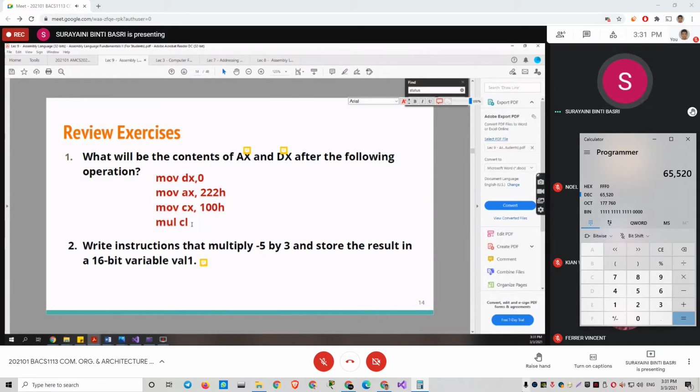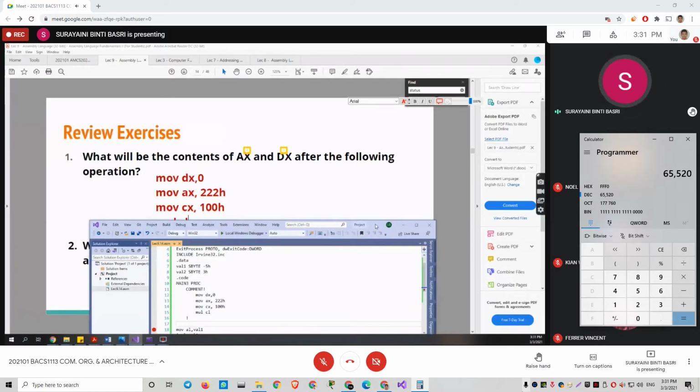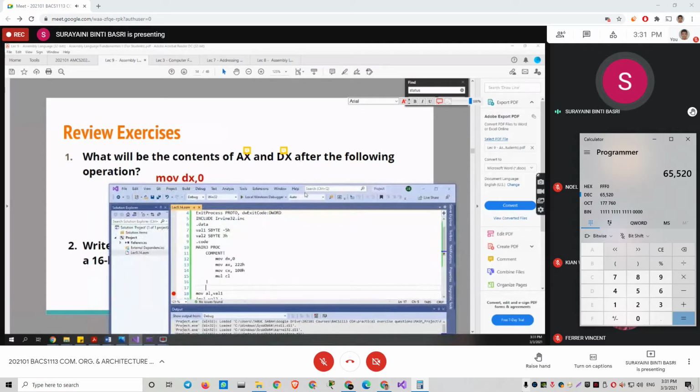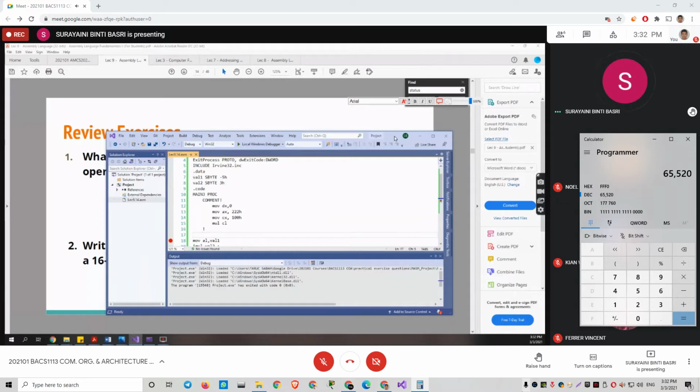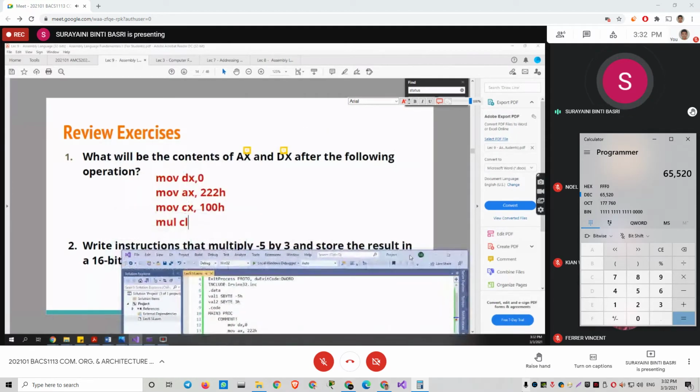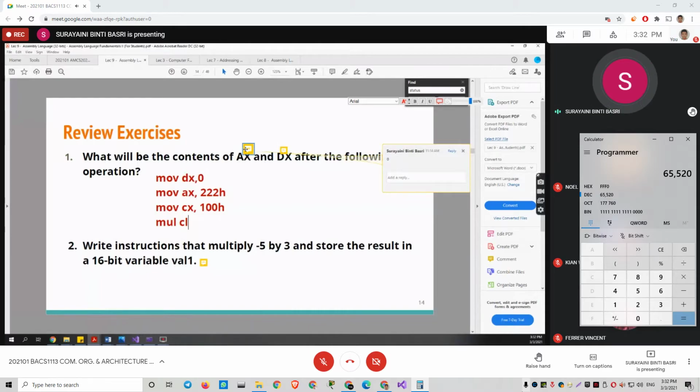You just need to put this code under your data section, and then check in the registers or in the watch to see what the values of AX and DX are. I have checked for you. The value is actually 0. In AX it is 0, and in DX it is also 0. To double confirm, you can check later.